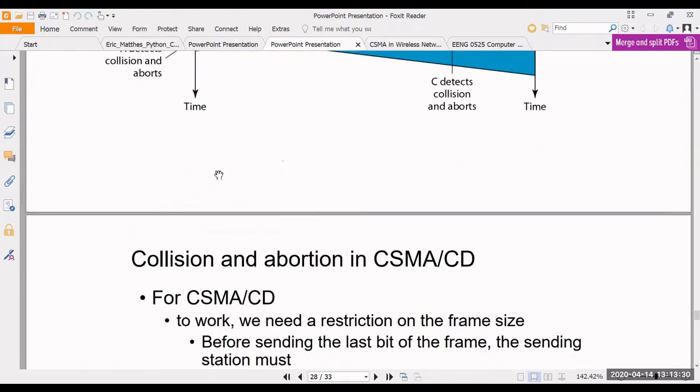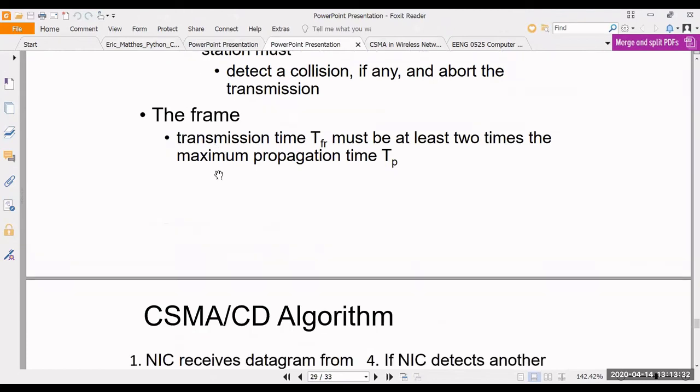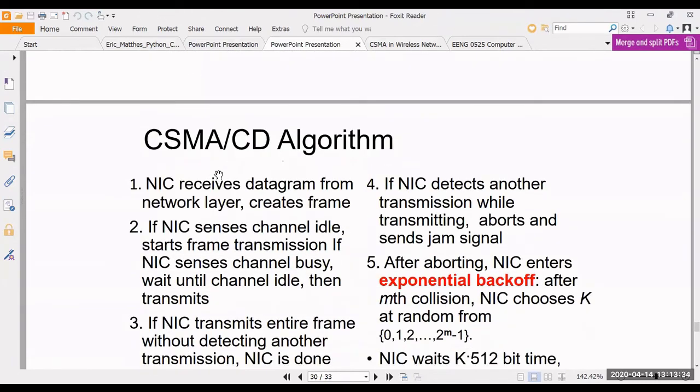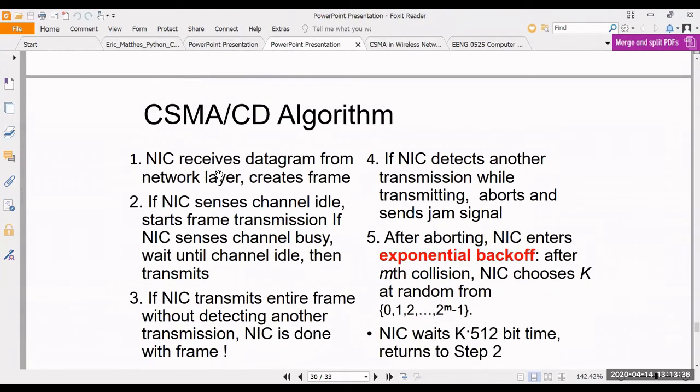Now let's talk in depth about the real discussion in it, how the real algorithm works. We are assuming the whole network stack.